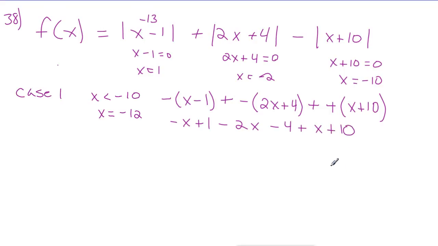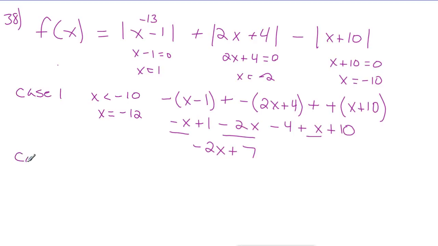Now if we simplify this, combine our like terms, negative x, negative 2x, positive x, we'll end up with negative 2x. 1 minus 4 is negative 3. Negative 3 plus 10 is 7. Plus 7 here.